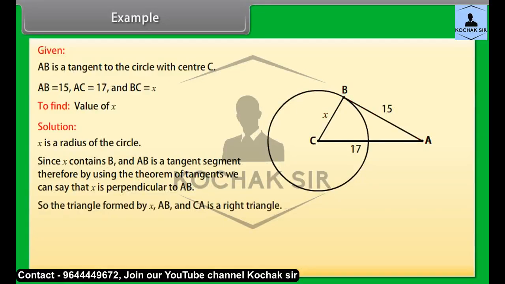So the triangle formed by x, AB and CA is a right triangle. Now by using the Pythagoras theorem, we get 15 square plus x square is equal to 17 square, or x square is equal to 64, which gives us x as 8.